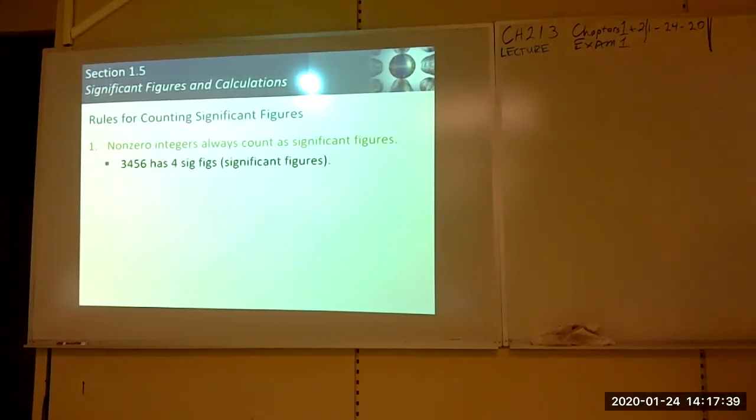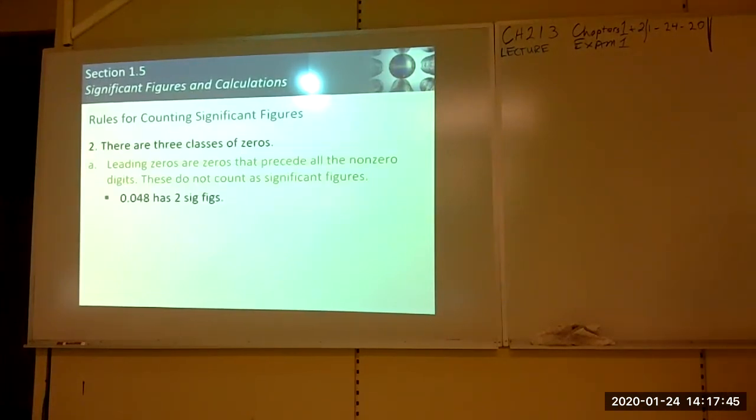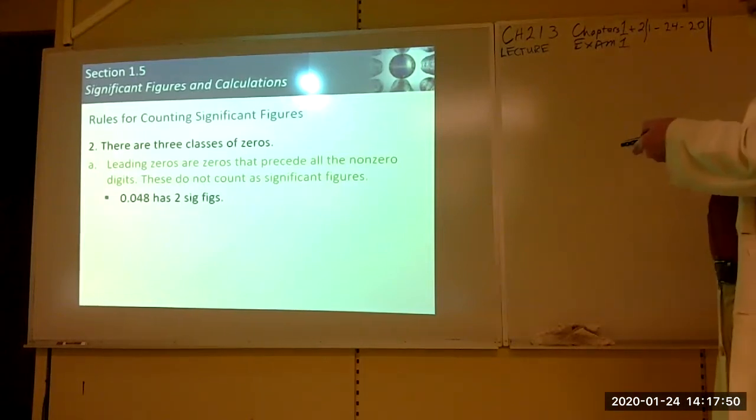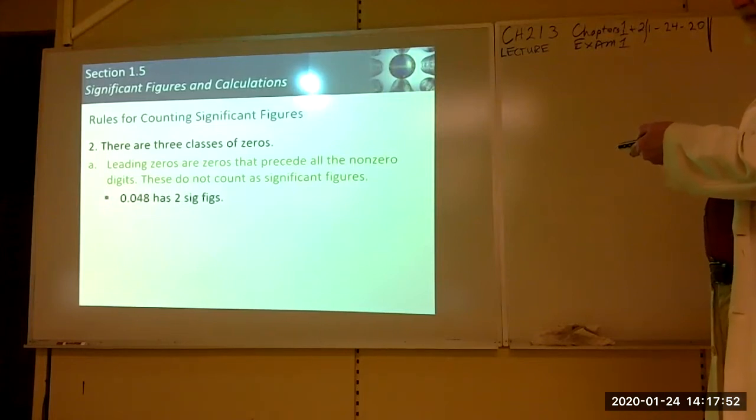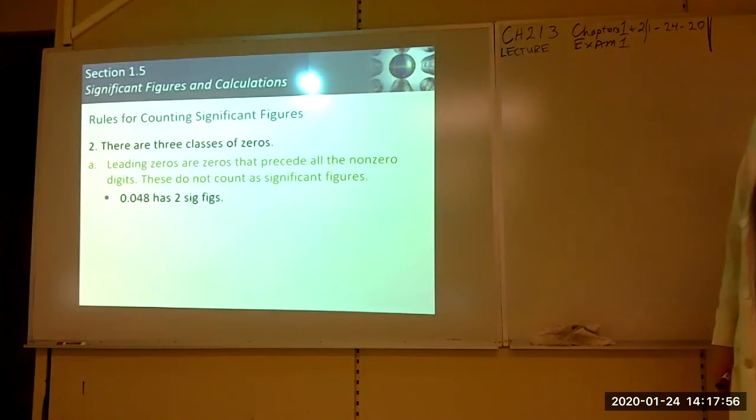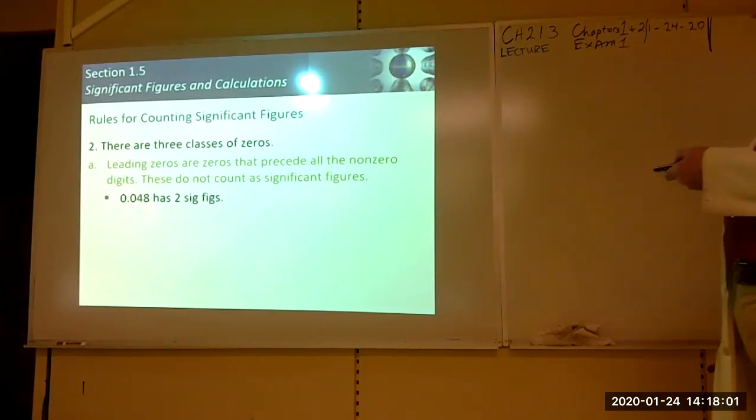Okay. So then that begs the question, what do you do if there's zeros there? It depends on where the zero is. If the zero's to the left, all zeros to the left, leading zeros they call them, are not significant. Okay? It doesn't matter whether you have a decimal or not.